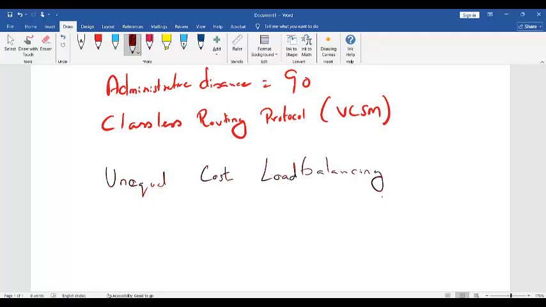See, every protocol supports equal cost load balancing. This is the only protocol that can be tuned to support unequal cost load balancing. What does that mean? To go from point A to point B, you may have multiple paths.